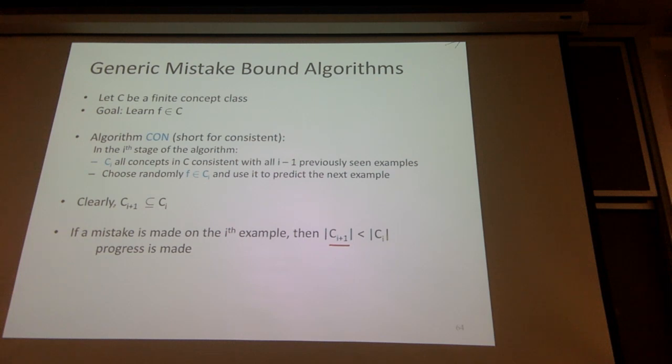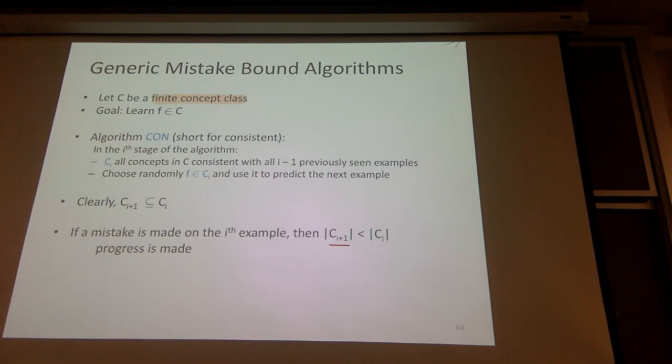Which means the number of functions has gone down. Which means progress is made. There are only a finite number of functions. Which means eventually you'll come to a case where there's only one function that's consistent with everything that we've seen so far, and that one function must have been the true thing.